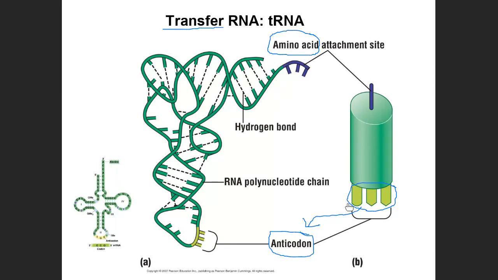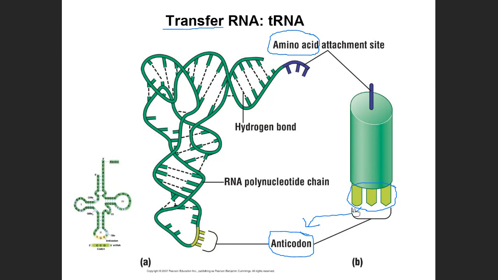So again, these tRNA anticodons complement the codons in mRNA except for the stop codons. There are no tRNAs that have an anticodon that complements a stop codon. This prevents tRNAs from accidentally bringing an amino acid to the ribosome when the ribosome is actually supposed to be terminating translation or stopping it.